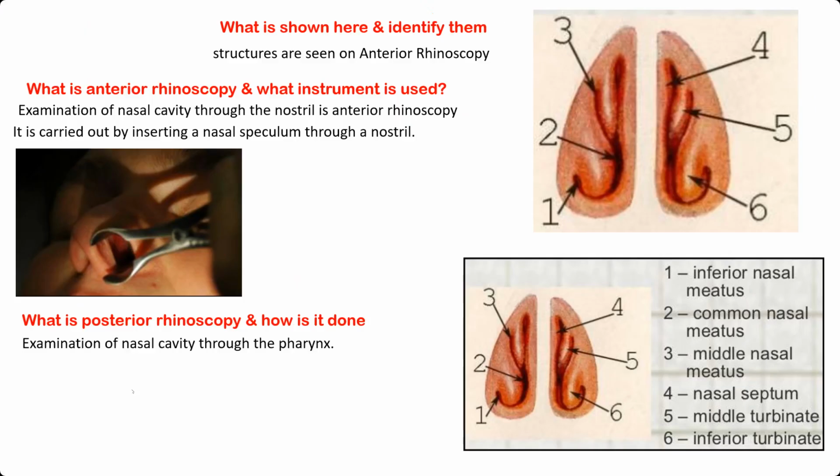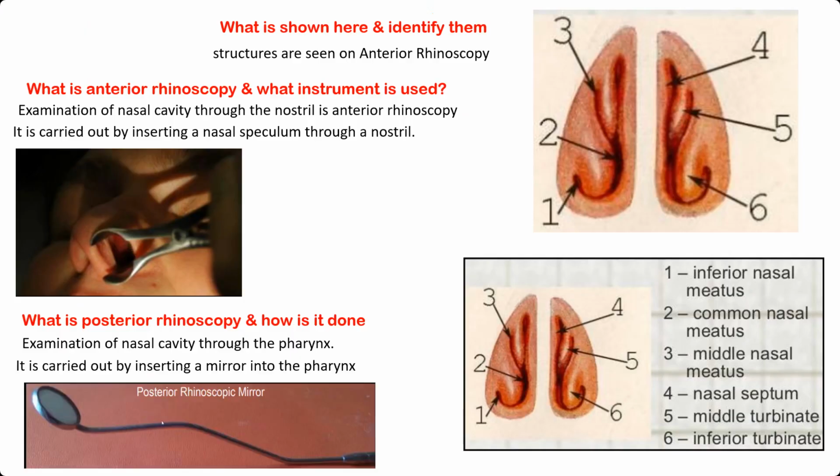You have to view the nasal cavity through the pharynx, by inserting a mirror. So this is the mirror that they will be using. Ask the patient to open the mouth and insert the mirror under the uvula to see what is there in the posterior part of the nose. So this is called the posterior rhinoscopic mirror.